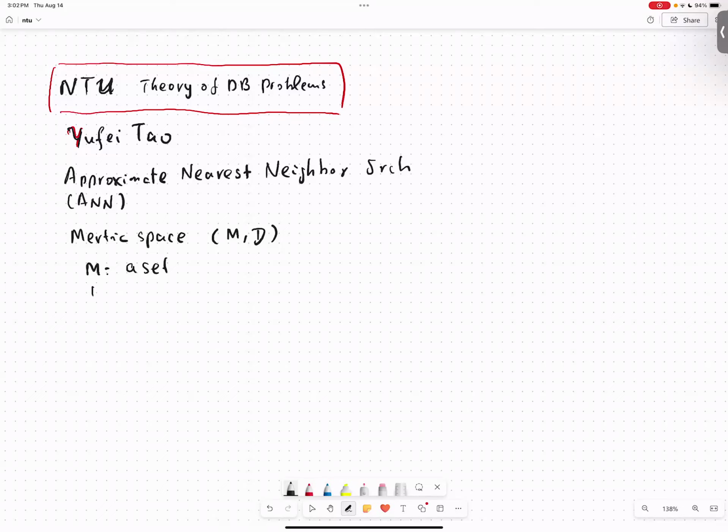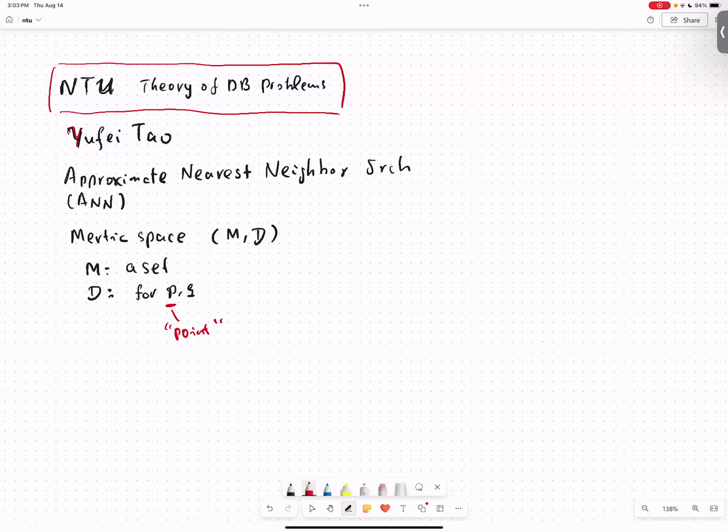Now, along with M, you also have a distance metric. This distance metric essentially says that for any P and Q, which are elements from the domain, I'm going to use the term point to refer to each element in the domain, but you have to bear in mind that they may not really be just a Euclidean point.